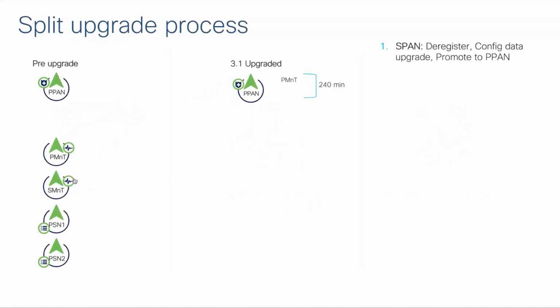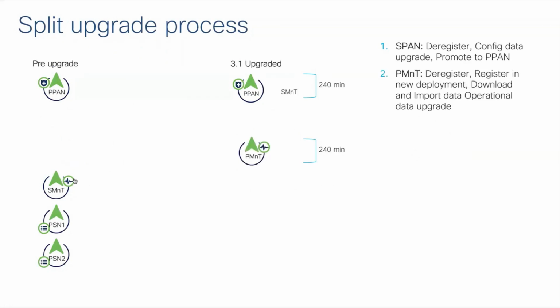Because we need to have an MNT in any deployment, we enable a temporary MNT role on it. This temporary MNT role, which was enabled on the new PPAN, will get disabled once the primary MNT gets upgraded successfully.